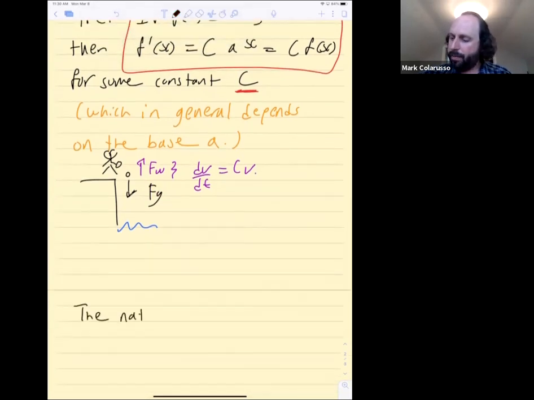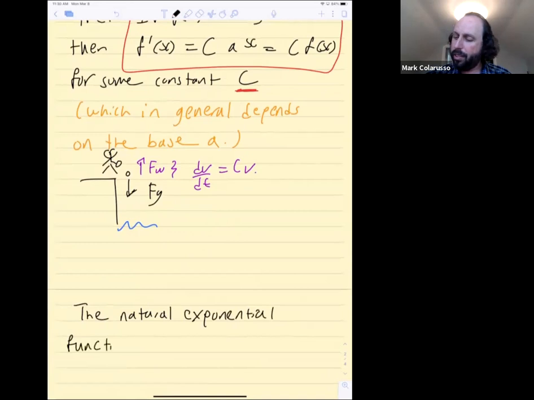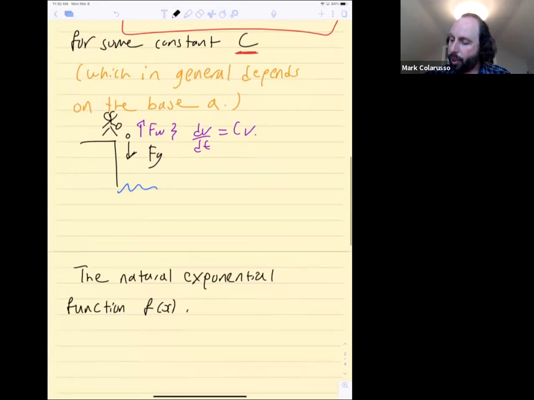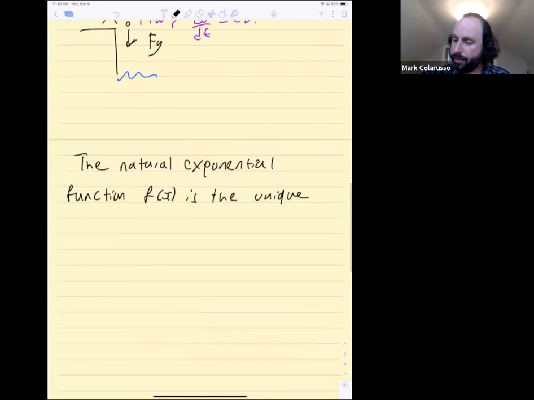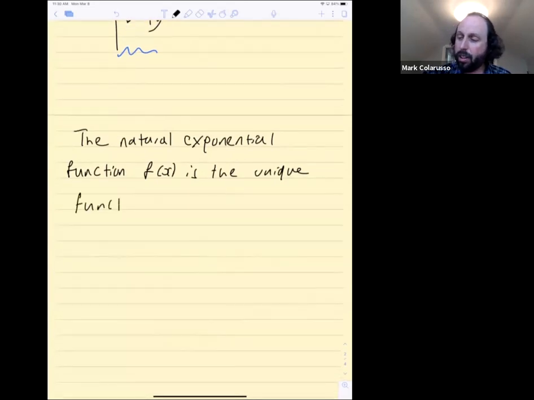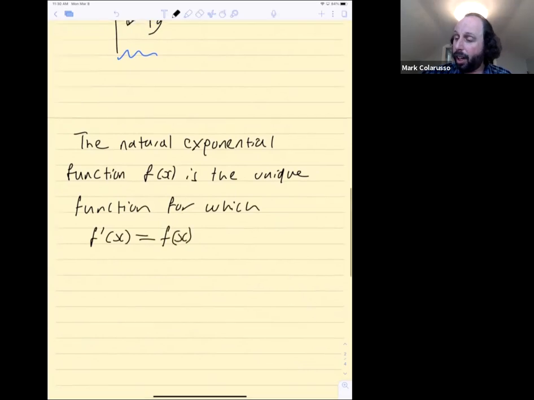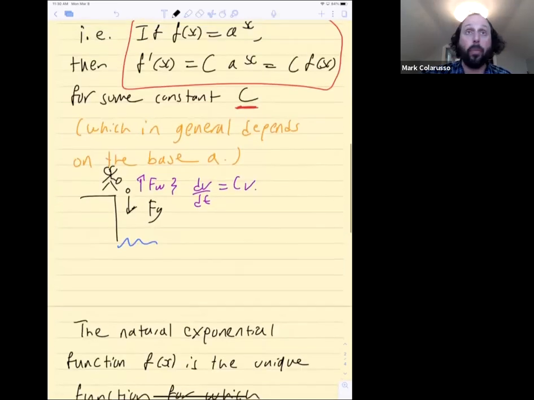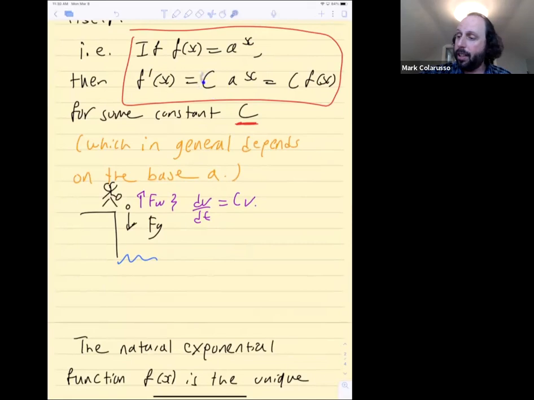The natural exponential function f of x is the unique function for which f prime at x is exactly f at x, i.e. the constant c above here is 1.